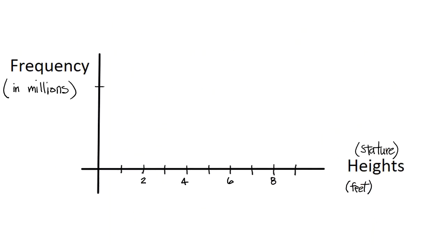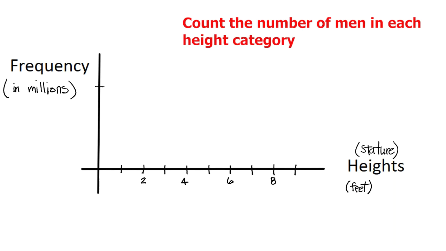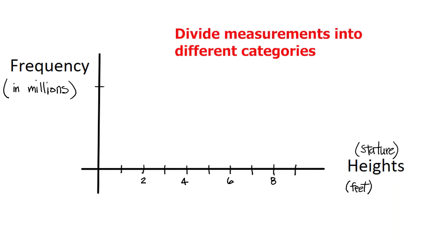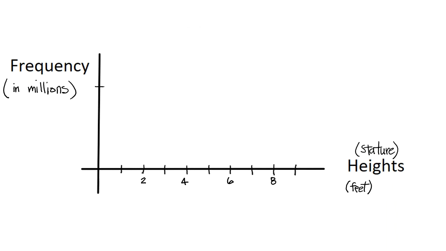After I've measured all these 119 million American adult males, I'm going to have millions and millions of different measurements, but a lot of them are going to be the same. I might have a few thousand people that are, let's say, 4 feet tall. So I might decide to put them into different buckets just to make it easier to categorize.